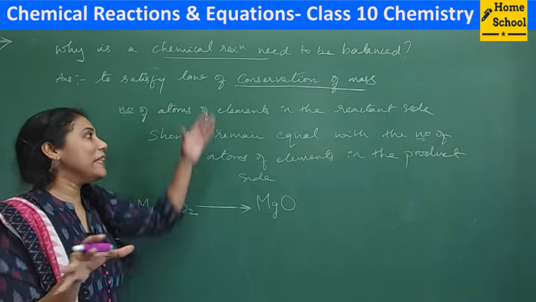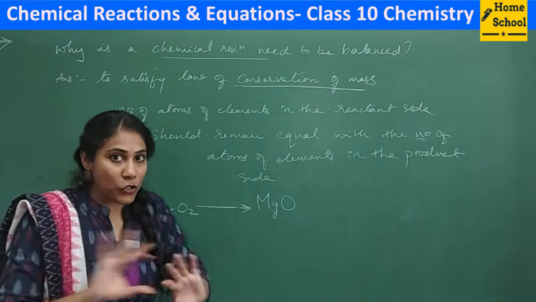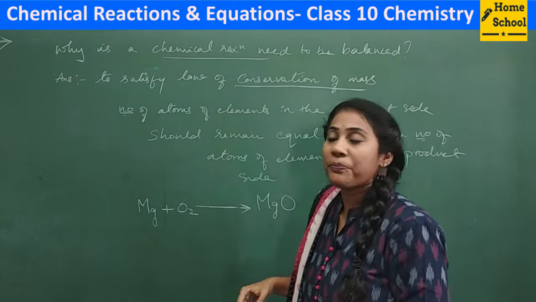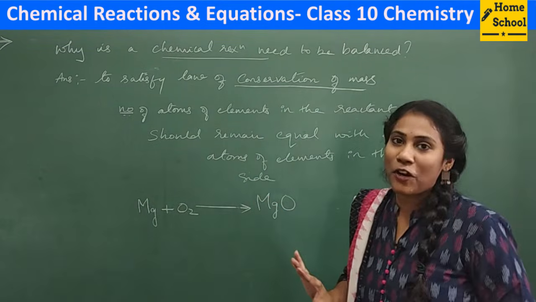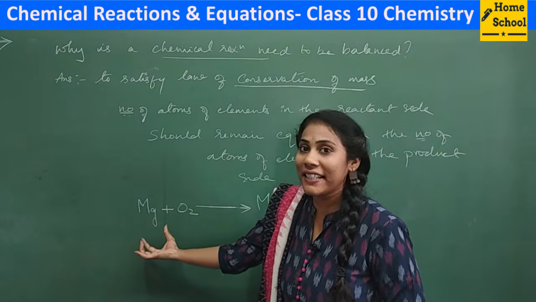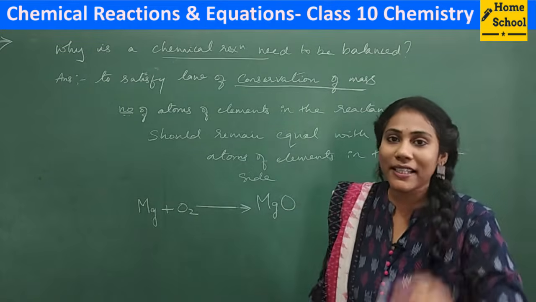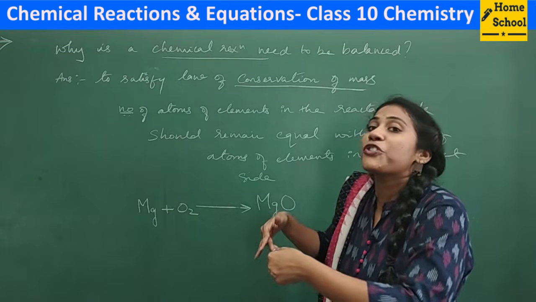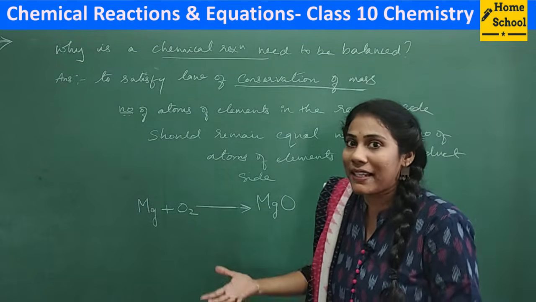That is what we mean by law of conservation of mass. Okay, you cannot destroy the existing number and you cannot create extra also. You can only convert from one form to another form. So however many atoms you took in the reactants, that many atoms must be there in the product side also, right? If that is not equal, we should make it equal by balancing. That's what we mean by balancing.